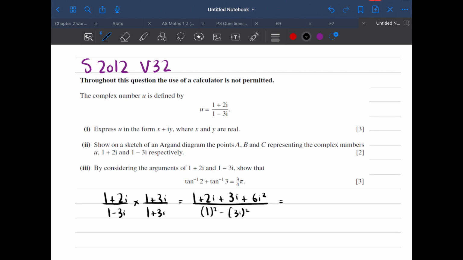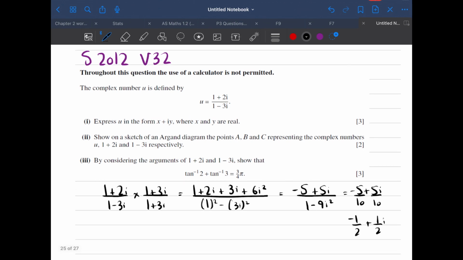So it's going to be 1 minus 6, that's minus 5 plus 5 iota divided by 1 minus 9i square. It's going to be minus 5 plus 5 iota divided by 10. So that's going to be minus 1 upon 2 plus 1 upon 2 iota.